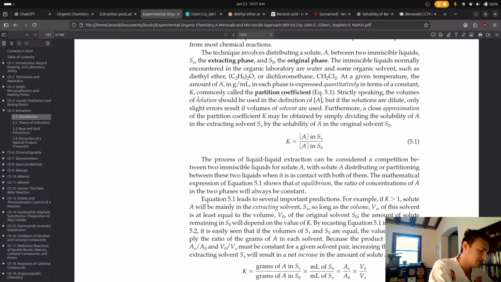So the concentration of A in ether, if we wanted to saturate it.